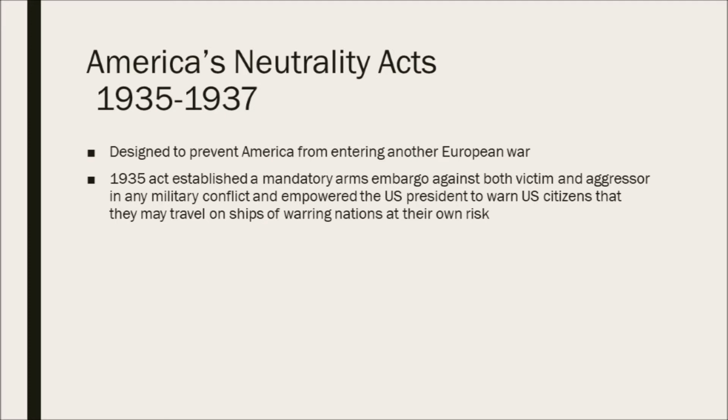Well, if you're a United States citizen and of your own volition, you get on a ship of a country that's at war with another country and you get killed, then they don't want the United States to be expected to follow through with an international incident because of you not being smart enough to avoid traveling on ships of nations that are at war. So that's part of the reason for that, and it makes perfect sense if you think about it.